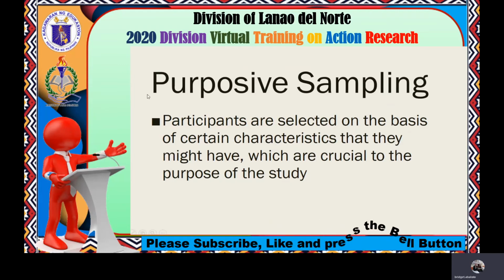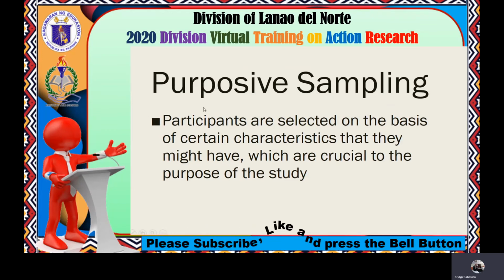Therefore, the keyword here is purpose. You have the purpose why they are selected as samples. In establishing the purpose, you need to have inclusion and exclusion criteria. Why them, and why only them?